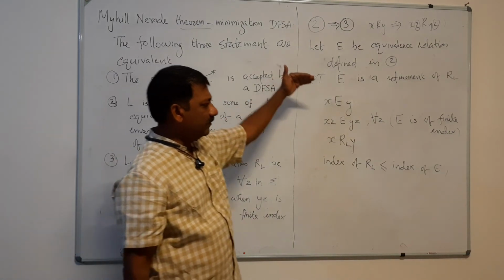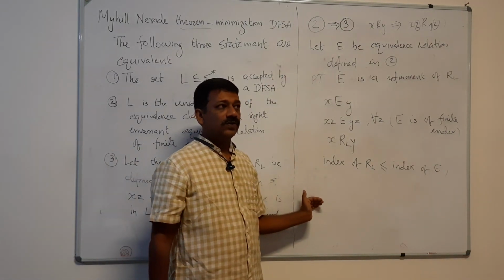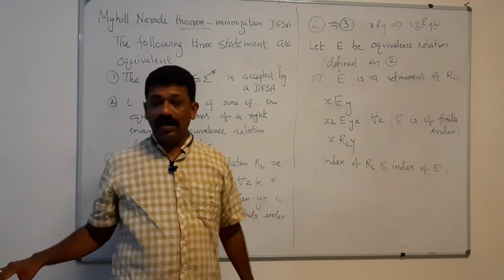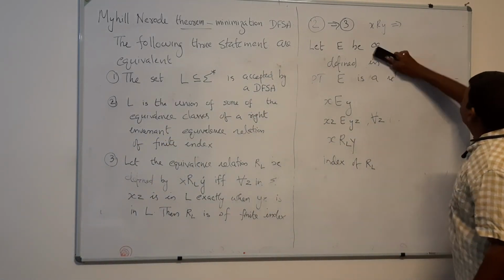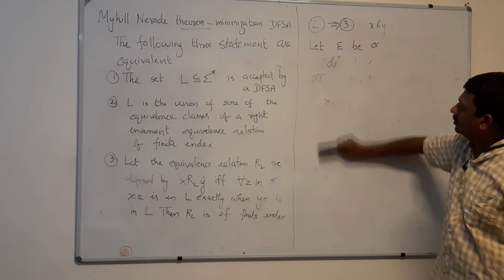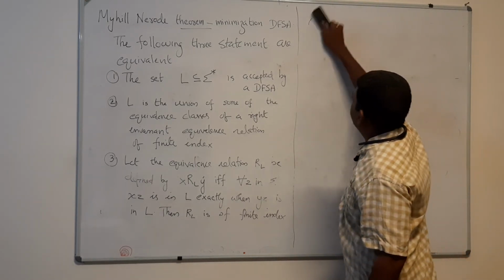This is a bit difficult to understand, so I am moving on to a simple problem, a simple exercise for doing this, and then you get a better understanding of this.